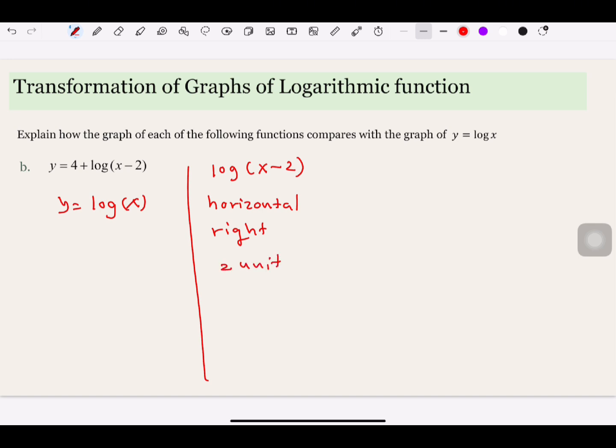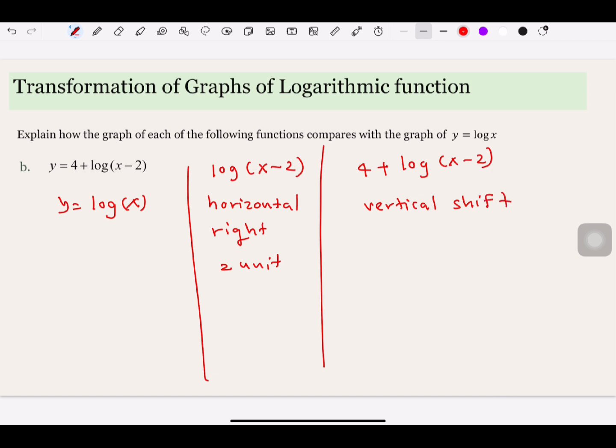And if you consider 4 plus log of x minus 2, here we have a 4 outside of the log function, which means this is a vertical shift.